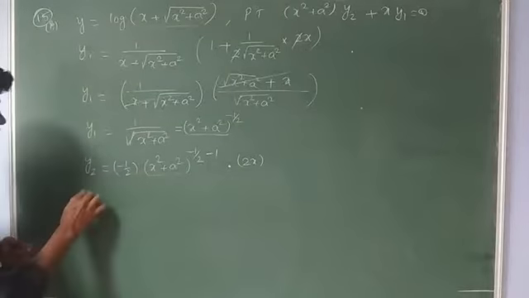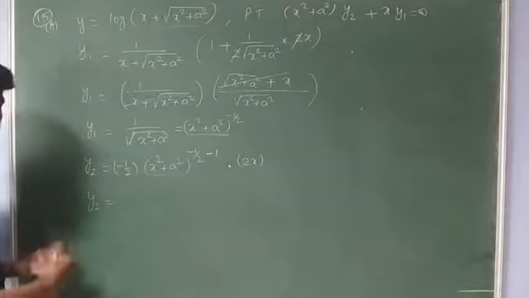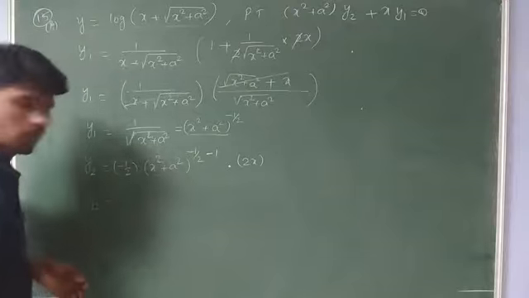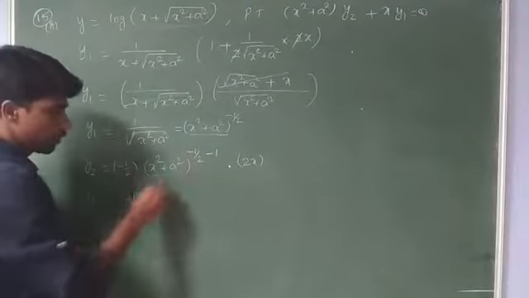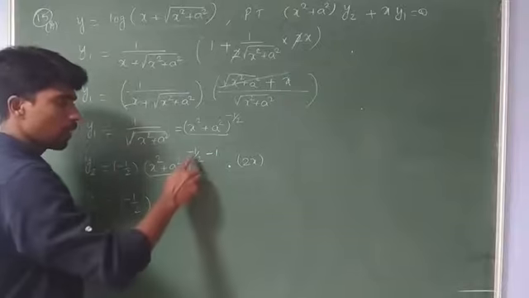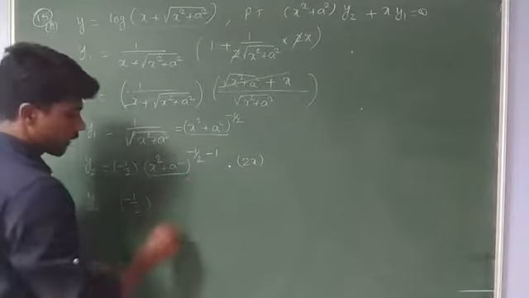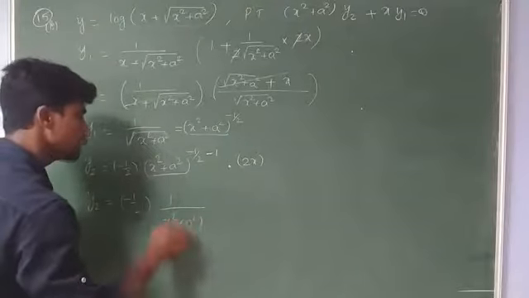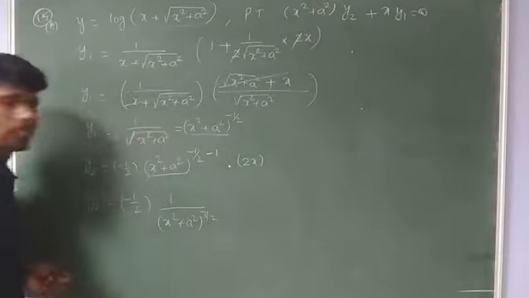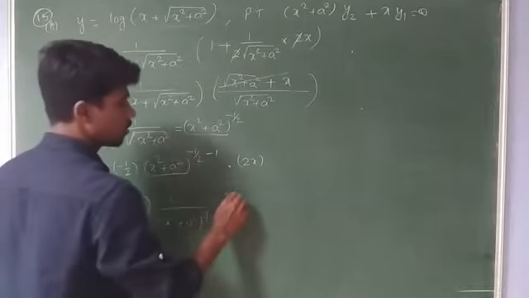Now what we get? y2. Now we are going for simplification as per our convenience. So I simplify this like minus 1 by 2 into x square plus a square power minus 3 by 2. So I can rewrite it as 1 by x square plus a square whole power 3 by 2 into 2x.